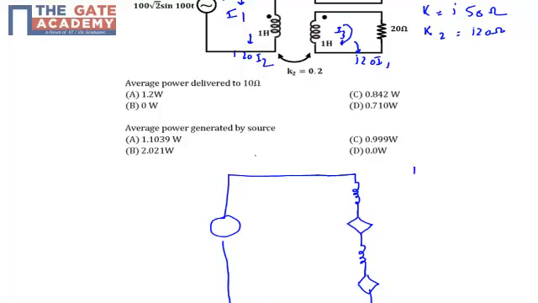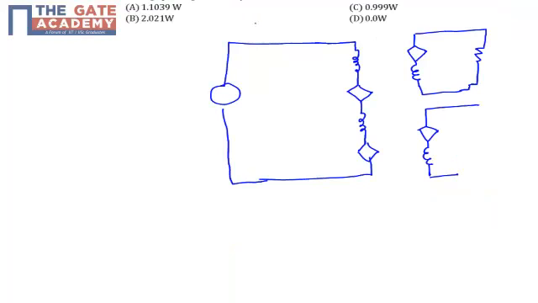Similarly, in the second coil we have a dependent source, an inductor and a load resistor. We have a similar arrangement in the case of the third coil.